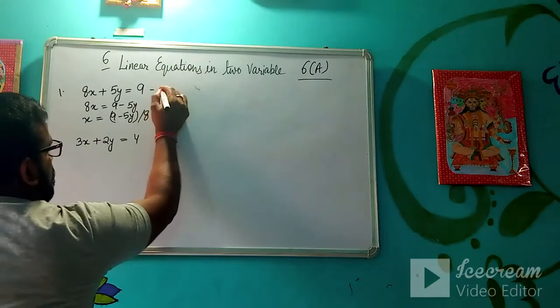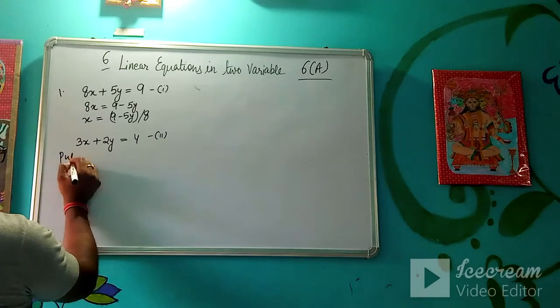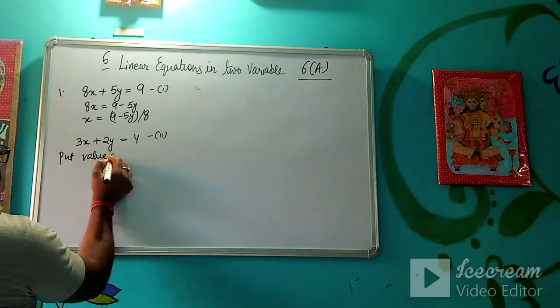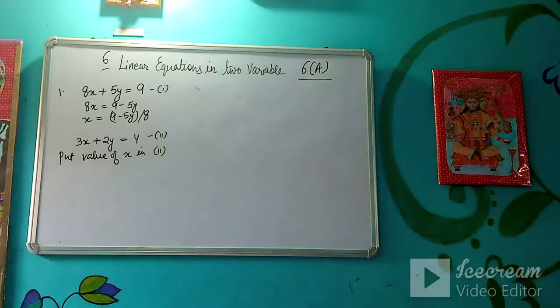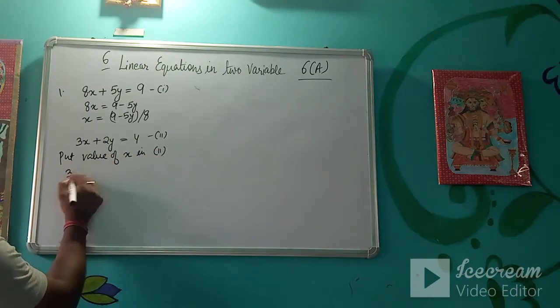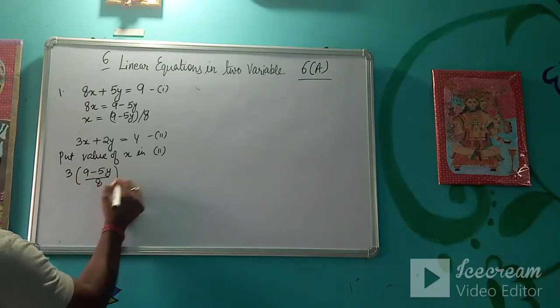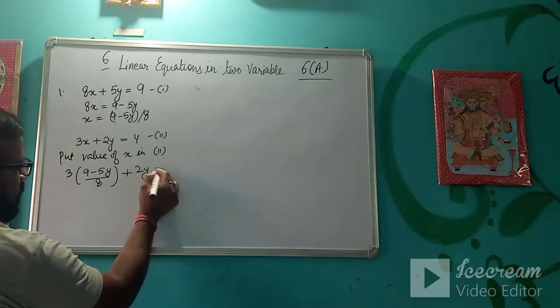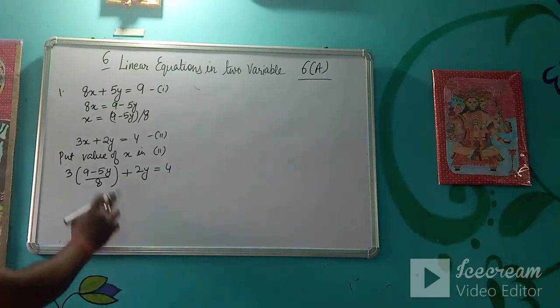Let this be my first equation and this my second equation. I will put the value of x in the second equation. So in equation number 2 it will be 9 minus 5y upon 8, plus 2y is equal to 4. Now you can see this equation is all in terms of y.